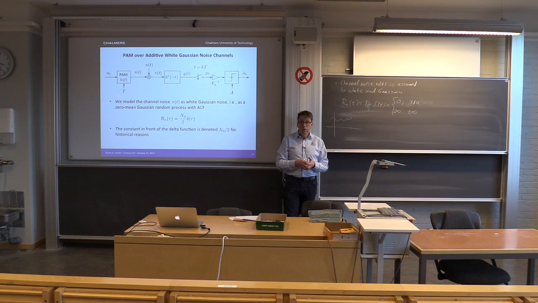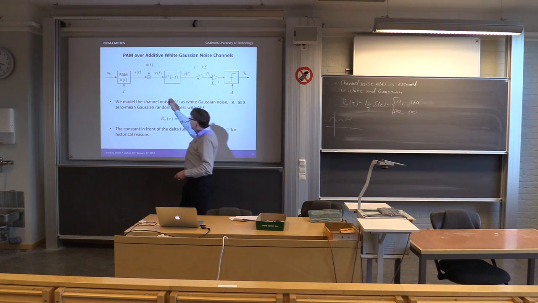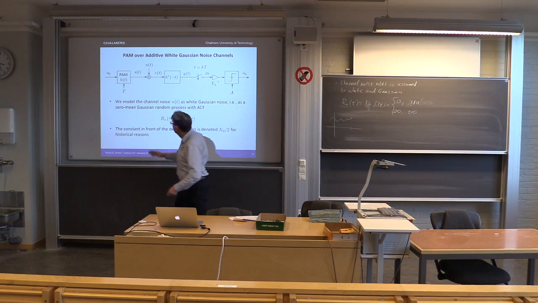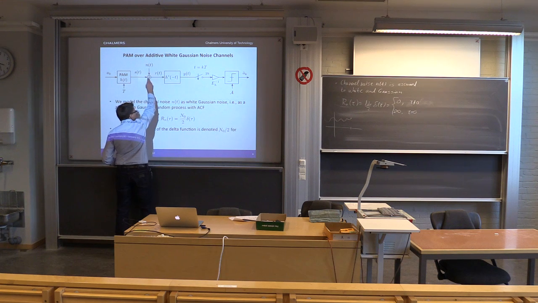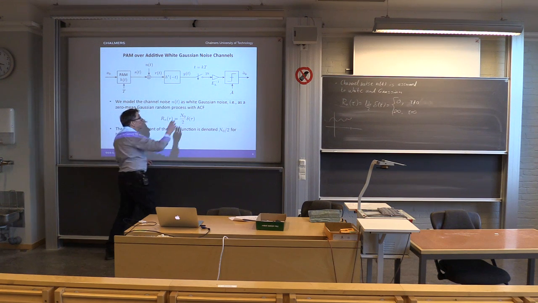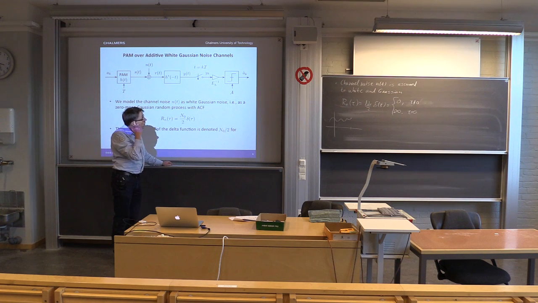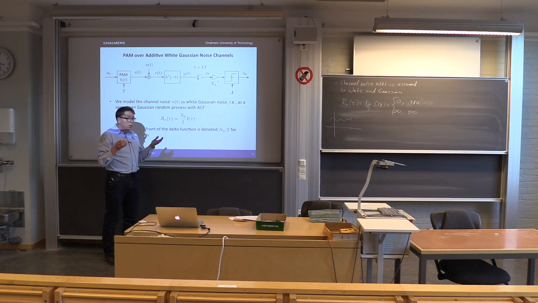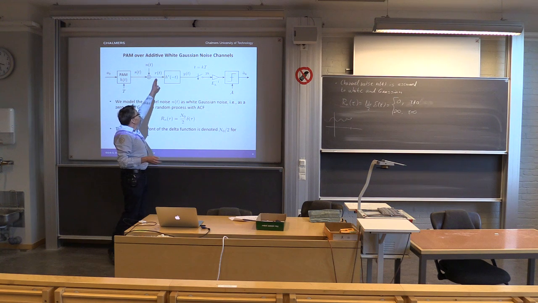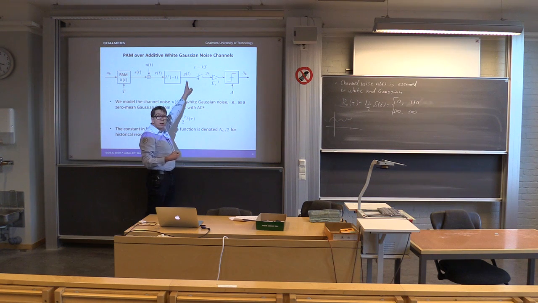Luckily not. The magic thing here is that by processing the noise, the noise goes through the chain like this. It goes down and it goes through this filter and so forth, and then it ends up at this point when it's time to make a decision. Even though the noise here has infinite amplitude and is completely unpredictable, when we filter it, it becomes much more well behaved.